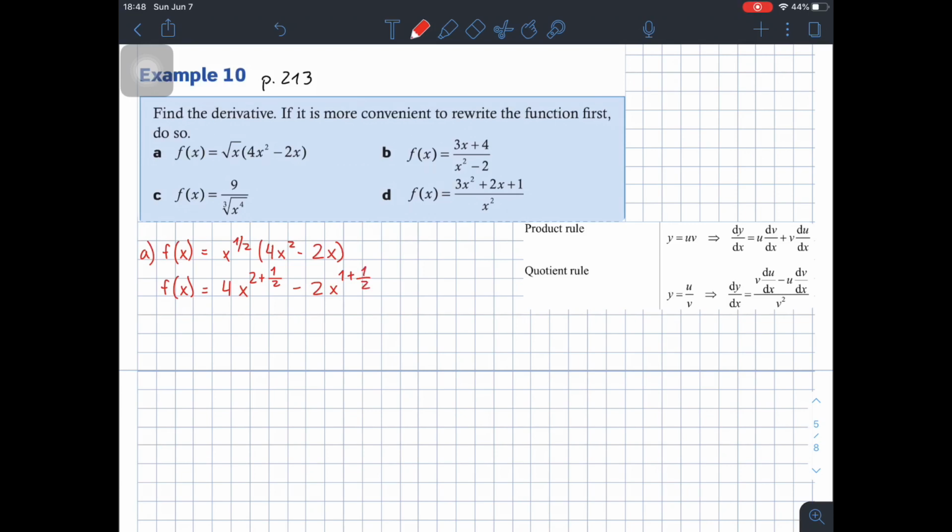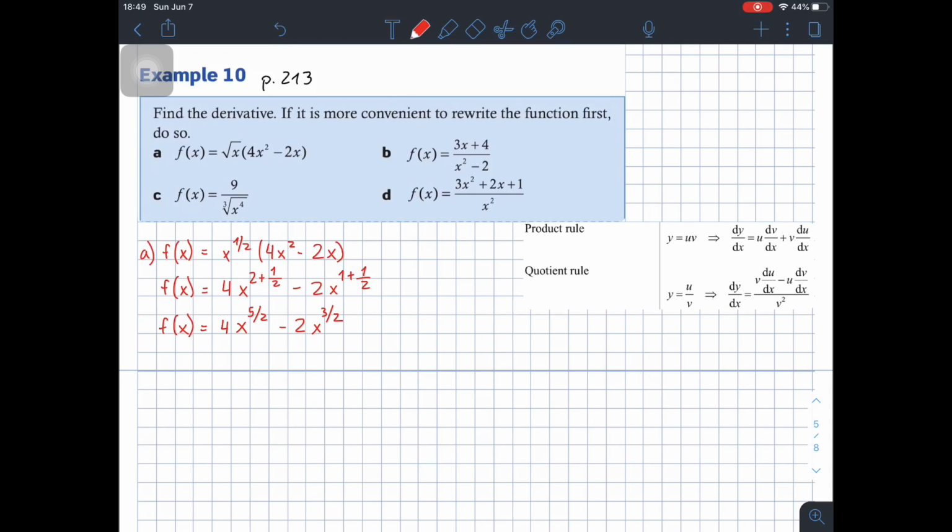So f of x is equal to 4 times x to the power of 2 plus 1/2, that's 5/2, minus 2 times x to the power of 1 plus 1/2, which is 3/2.